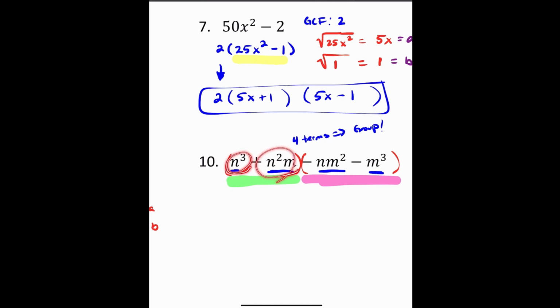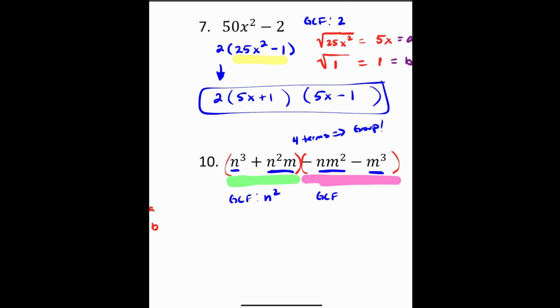Well, if we look at these two terms, they both have an n. And the smallest exponent between the two is 2. So the GCF is n to the second. Over here, what's the GCF? Well, they carry a negative sign, so we need to make sure we factor out the negative.